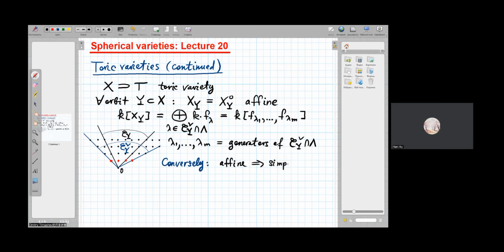This is actually a very general fact, that if you have an affine algebraic variety acted on by a reductive group such that there is a dense open orbit, then the closed orbit is unique. But I don't want to use this general fact to prove this statement.